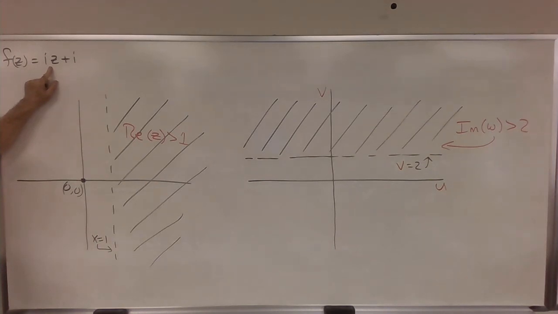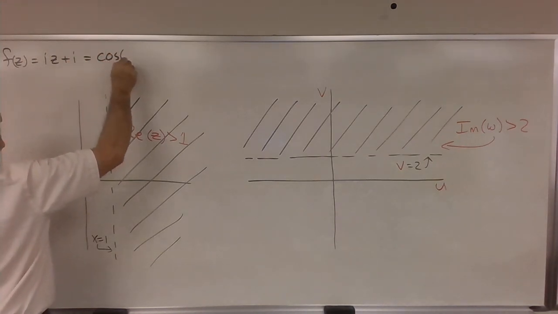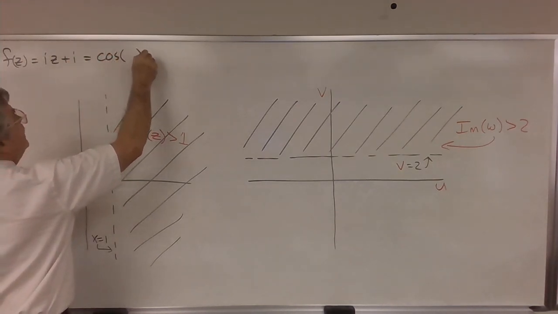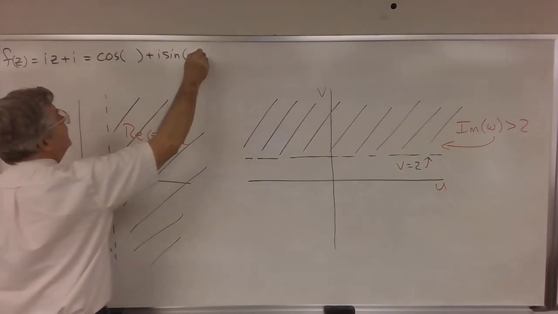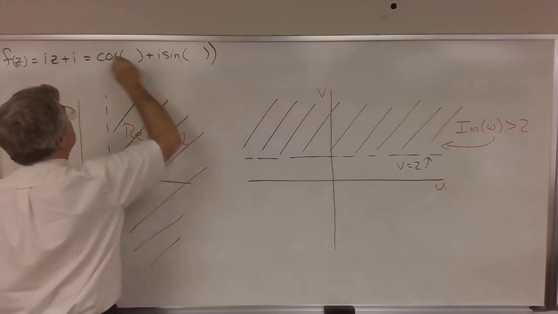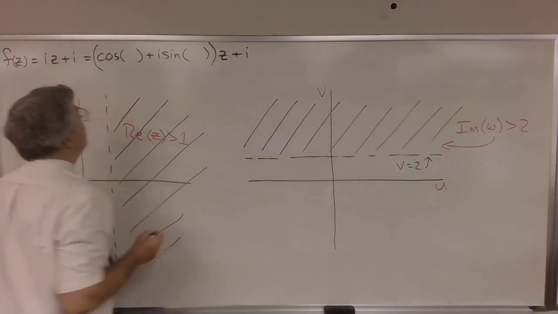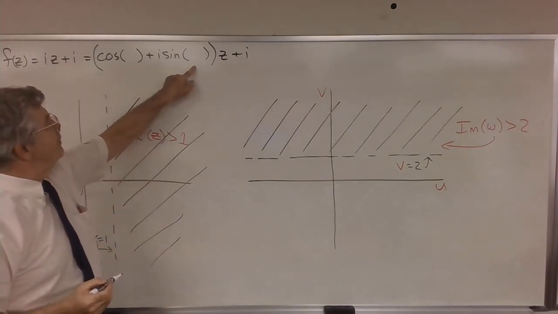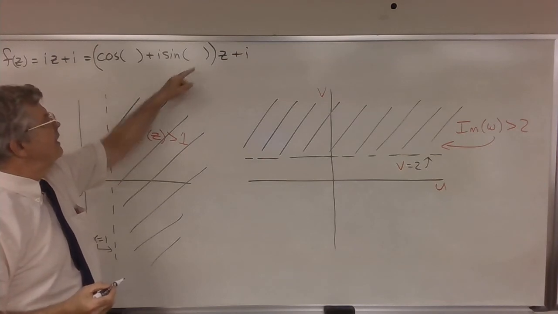Now, if I multiply by i, that's the same thing as multiplying by cosine plus i sine of something, where this is the equivalent of i. So cosine would have to be 0 and sine would have to be 1.